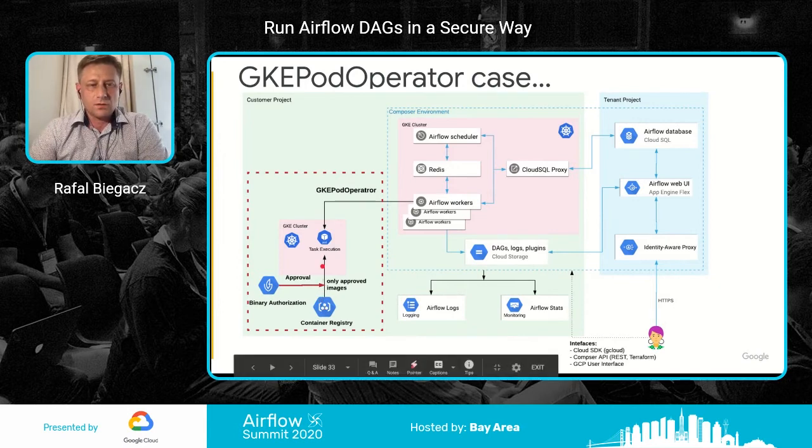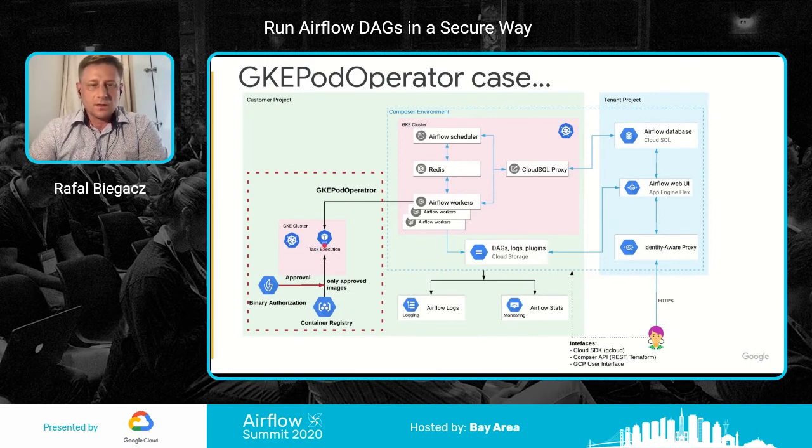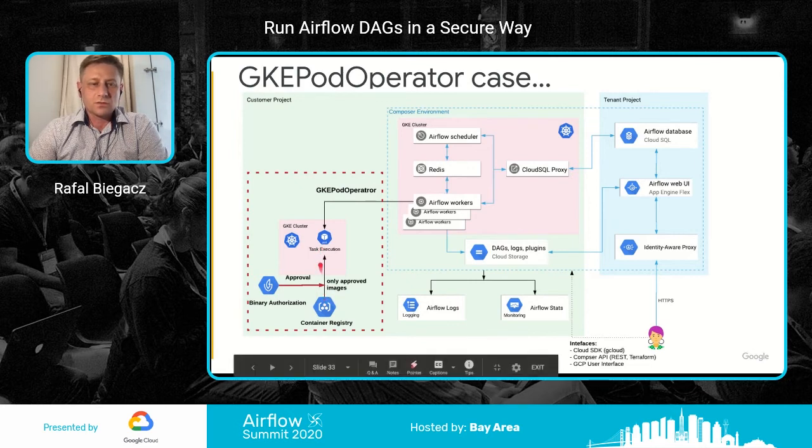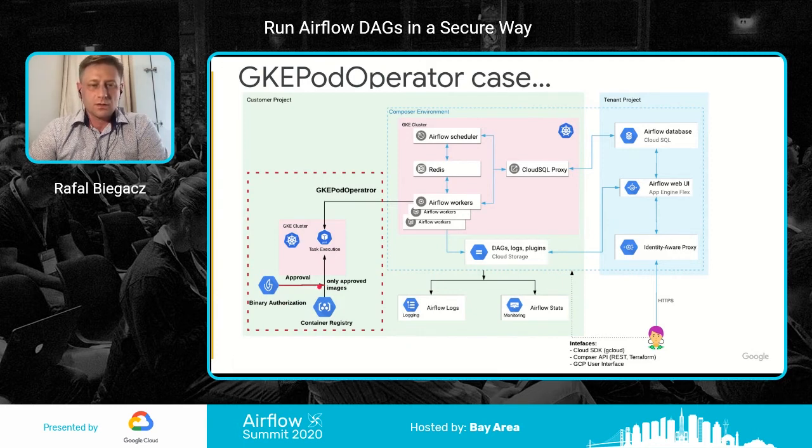So now when GKE operator tries to schedule task execution, Kubernetes will request a container image for the pod, and binary authorization will kick in and will trigger the attestation by the attestor. If attestation is positive, of course, the container image will be pulled to the GKE cluster and the task will be executed.